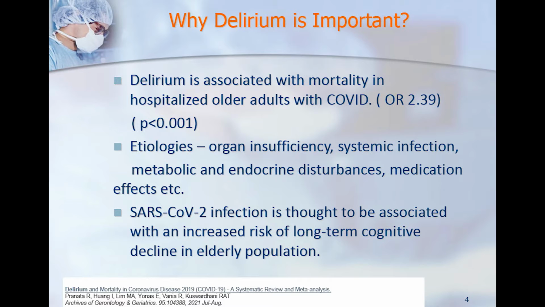But we do have early data from some studies showing that COVID patients, even after recovery, continue to have some kind of cognitive decline, even the plasma and CSF markers associated with Alzheimer's disease. It would be very interesting in the long run, as those patients may develop dementia as COVID-related dementia. Of course, we need longer and bigger studies to validate. But just a reminder that delirium can have a long-term consequence.